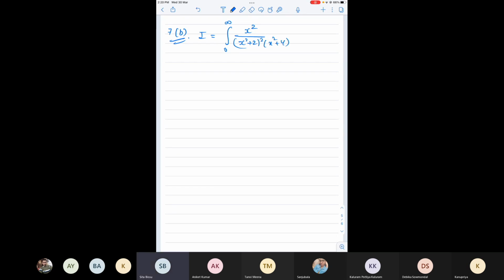Yes, ma'am. You can observe that this is an even function, so the integral on the right hand side or left hand side will be the same. So I will be half times my integral from minus infinity to infinity.